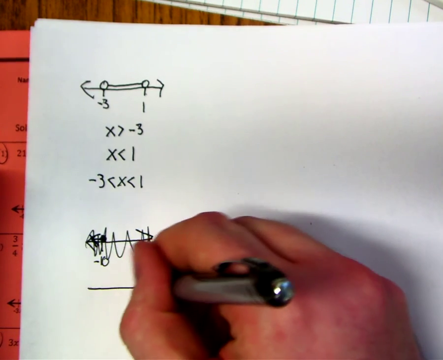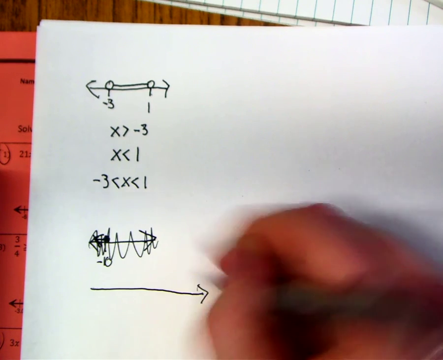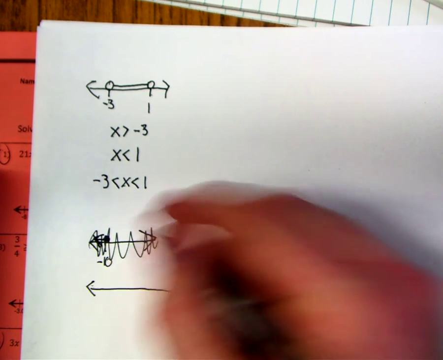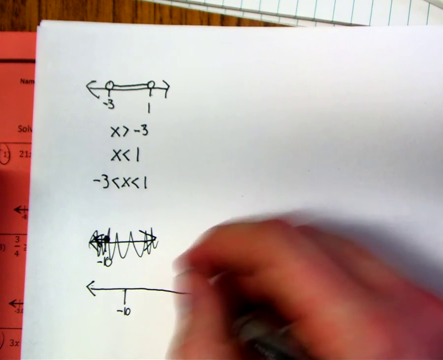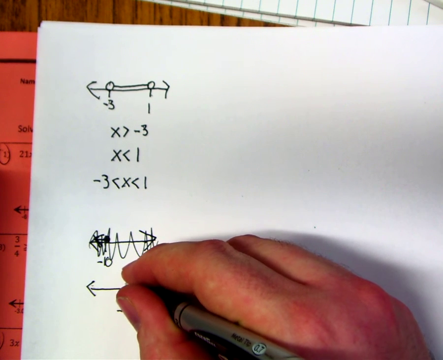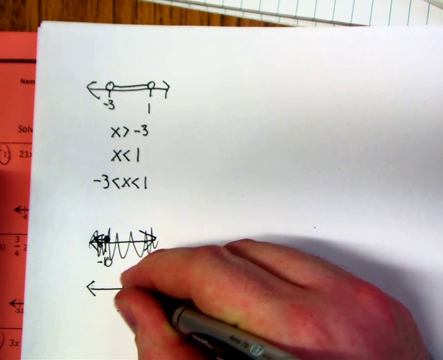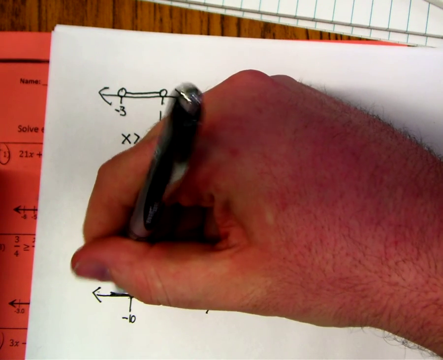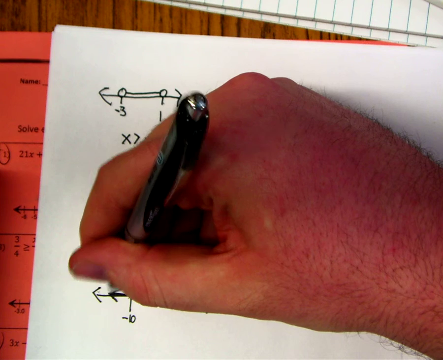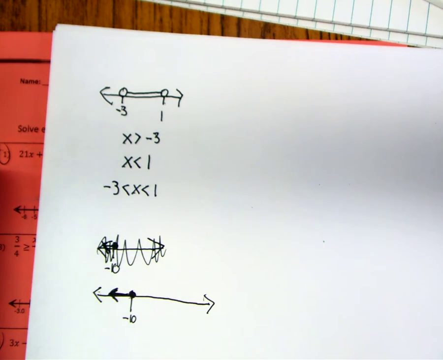Let me actually just kind of make this line a little bigger. The more I'm doing it, the more I realize I want bigger lines. Yeah. Go in here at the point -10. And we have ourselves a closed circle. And then we go off here to the left a little ways. There's our first step.